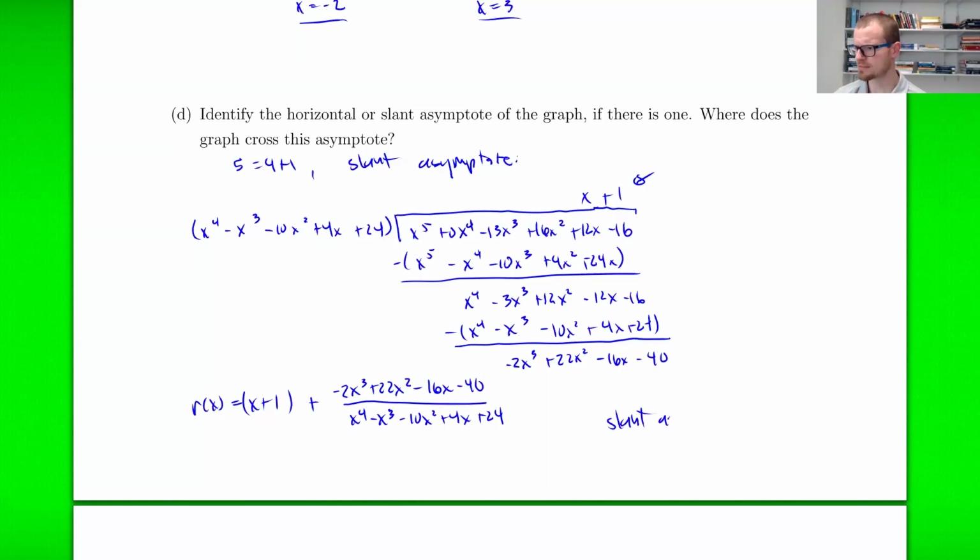And the slant asymptote is given by y equals x plus 1. Excellent.